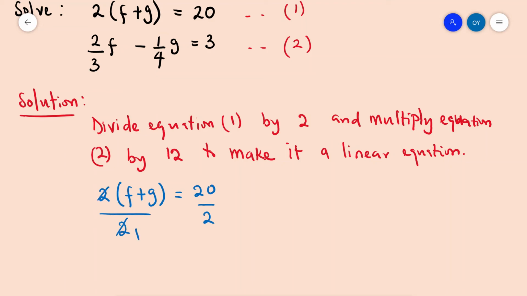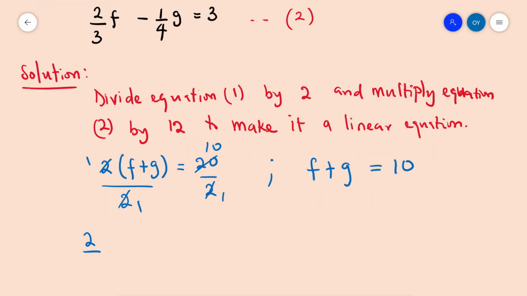So we have 2(f plus g) equals 20. We divide both sides by 2. Then the equation becomes f plus g equals 10. Then the second one we multiply by 12.